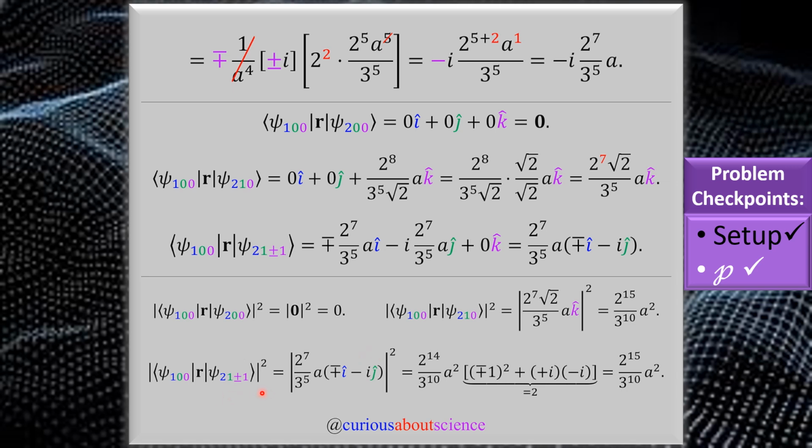Remarkably, though, you're going to end up with the same thing here, because you have this inner product with 2 components, so you need the dot product, hence negative positive 1 squared, and then plus i times minus i, the conjugate, and that equals a 2. So you see both of these things are the same value, which is remarkable actually, regardless of its geometric orientation, which is what the plus or minus 1 and l equals 1 states show you. So that's pretty darn cool, okay?